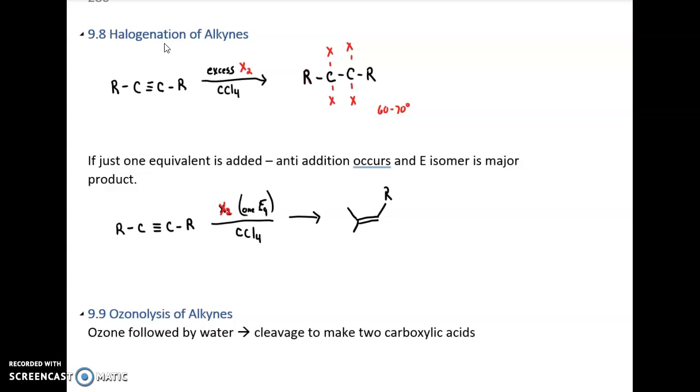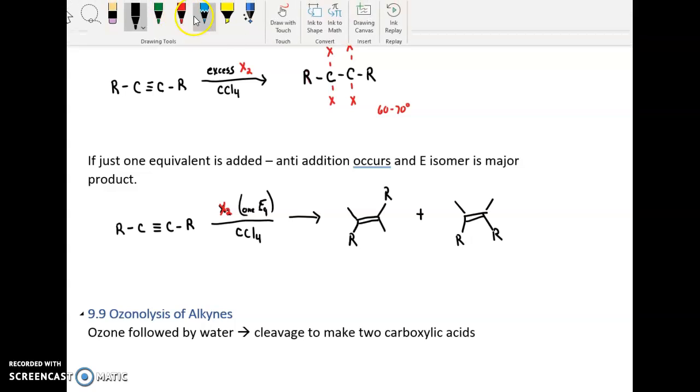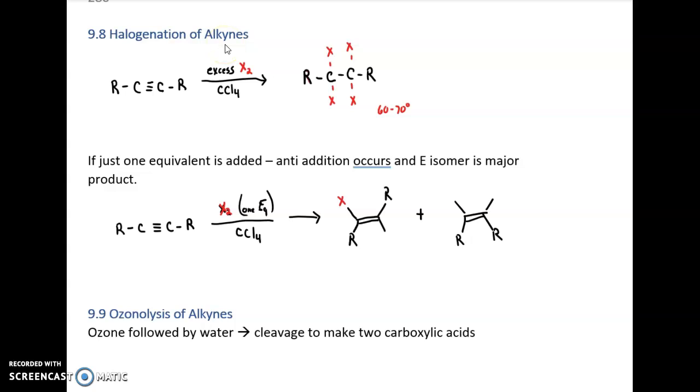Get R, and those will be X's, and we'll also get, put our halogens in there. We can get halogens across from each other, or we can get them on the same side. This will be our major, and this will be the minor.